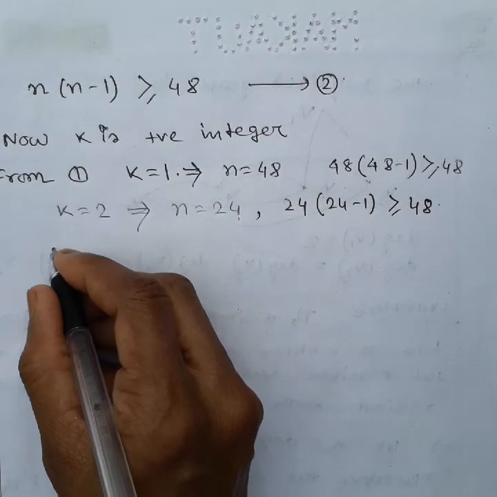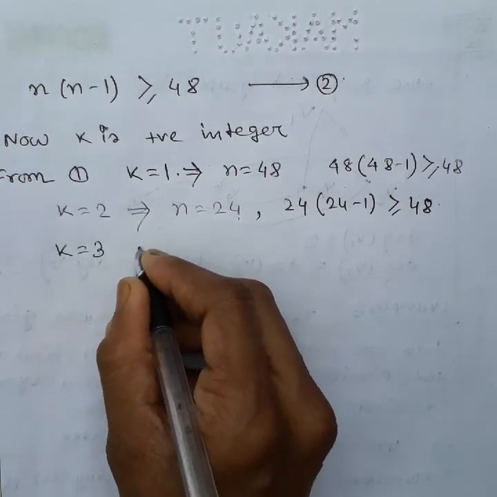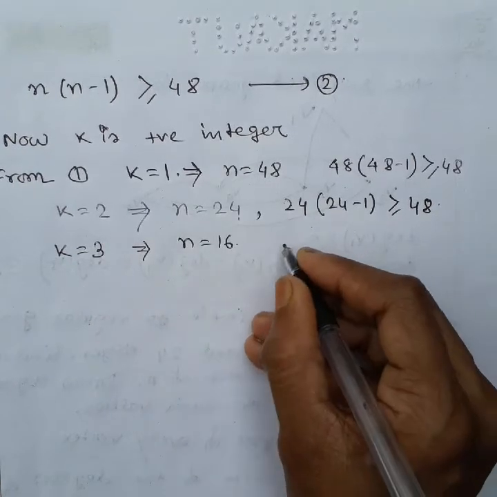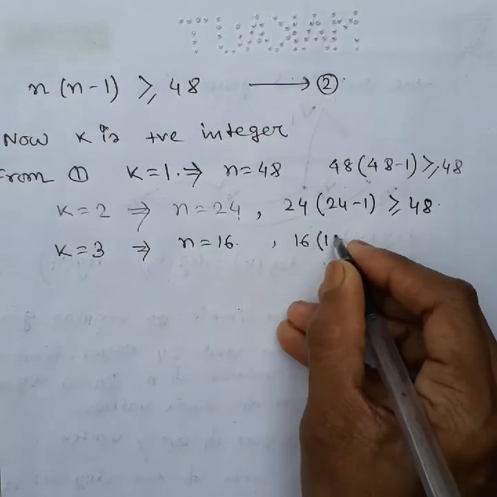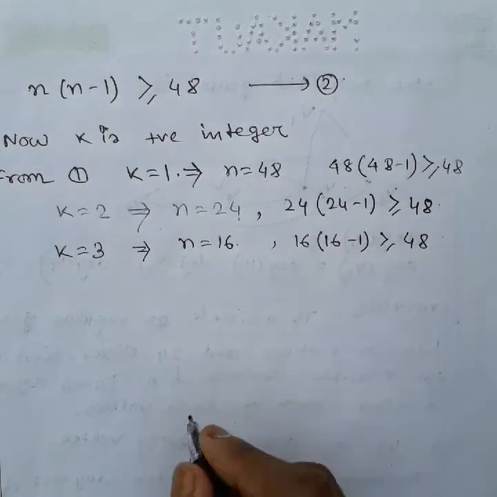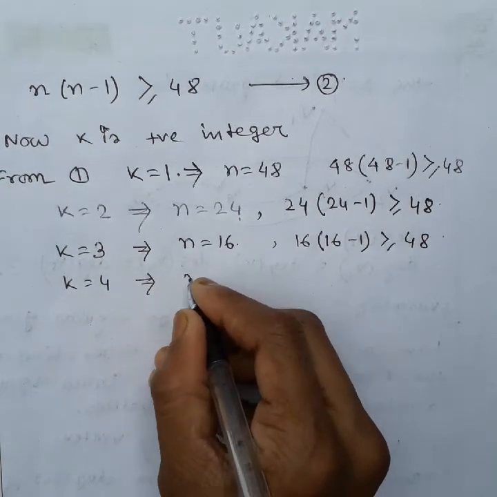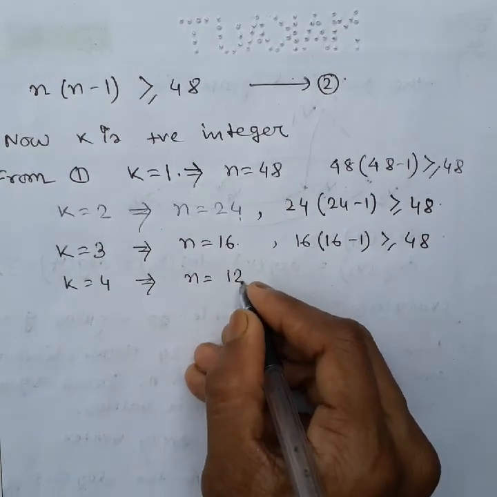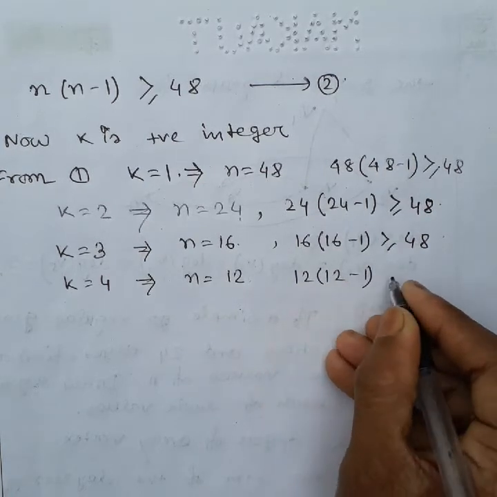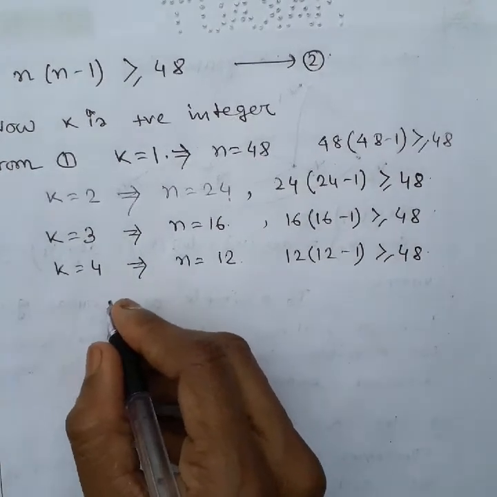When k is equal to 3, n is equal to 16, and 16 into 16 minus 1 is also greater than 48. When k is equal to 4, n is equal to 12, and 12 into 12 minus 1 is also greater than or equal to 48.